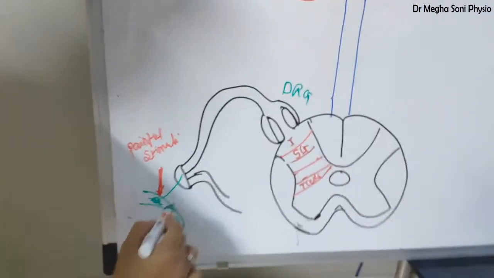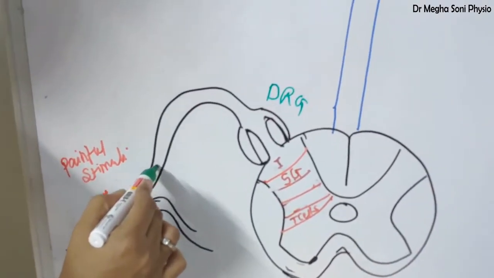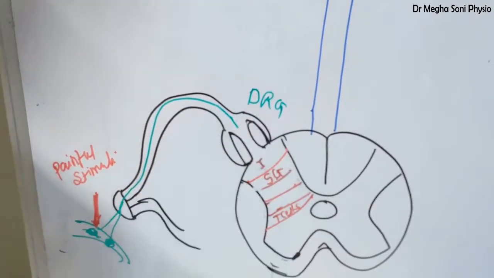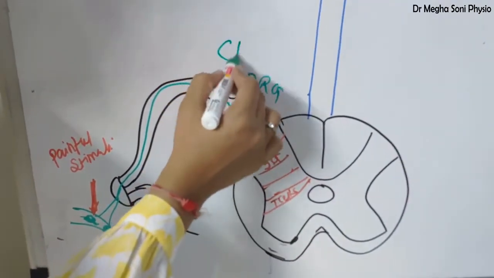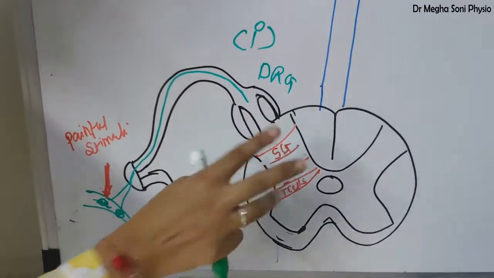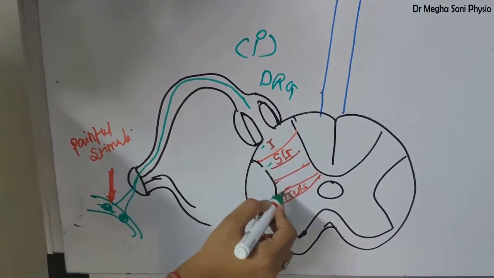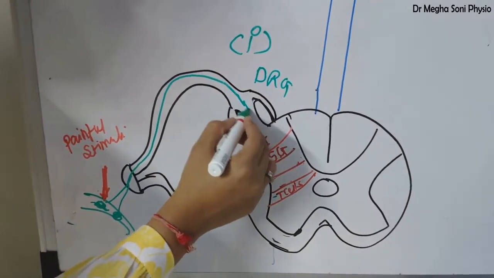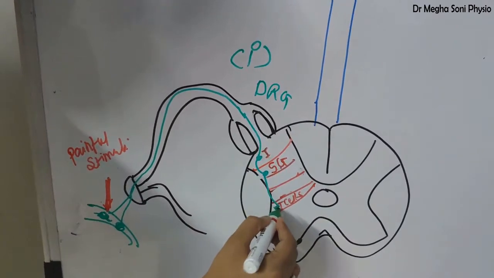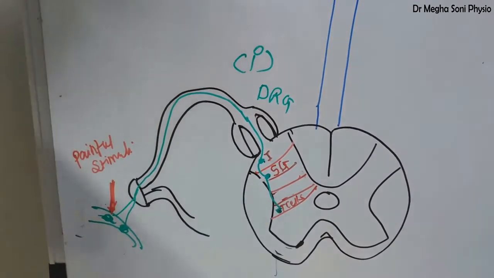A delta and C fibers. This dorsal root ganglion is the first order neuron. They synapse mainly with three laminae, lamina 1, 2 and 5.